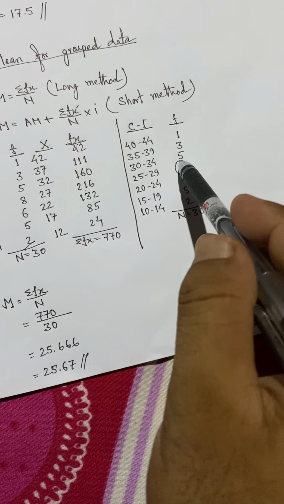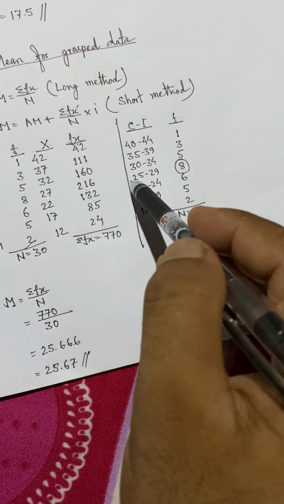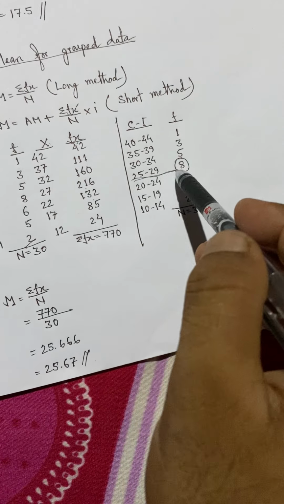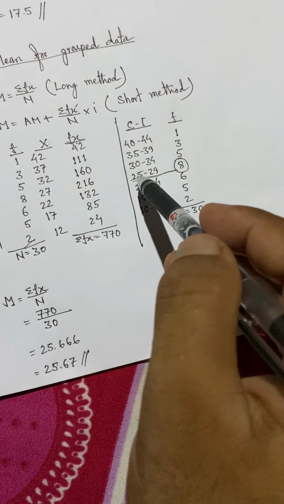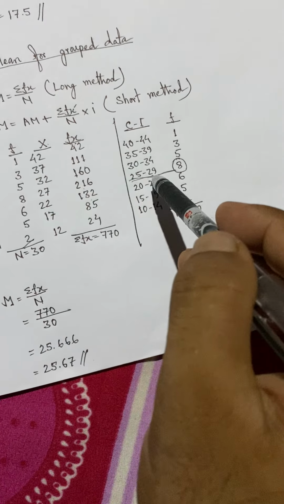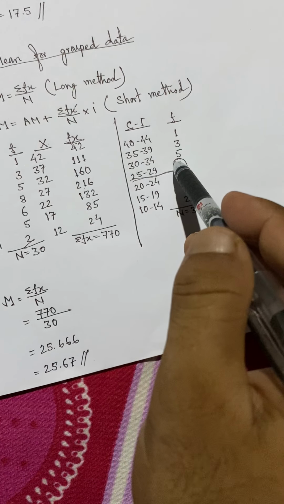In which class is the maximum number, that class interval you have to find out. So 8 lies here in this class interval 25 to 29. That is the maximum frequency.